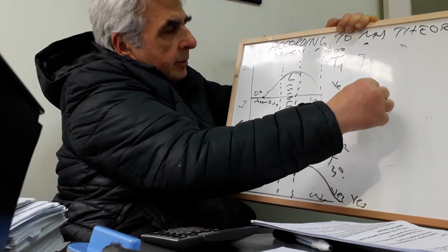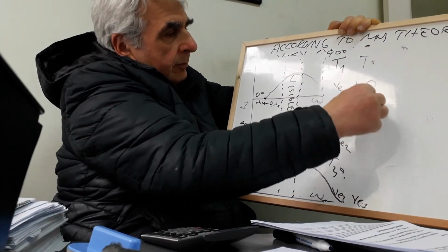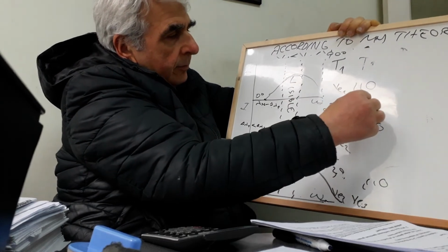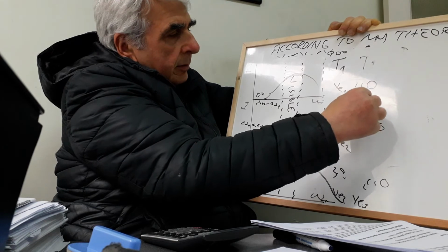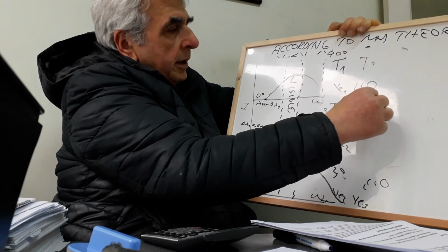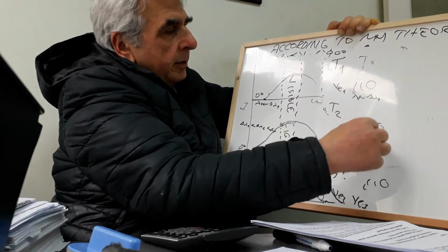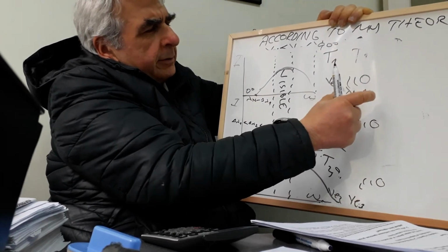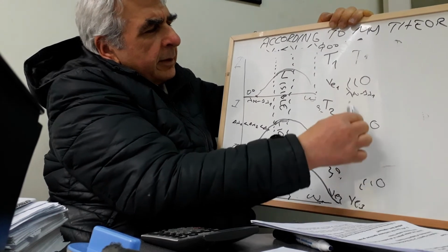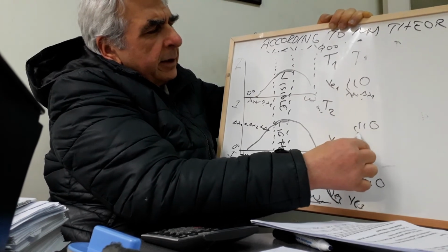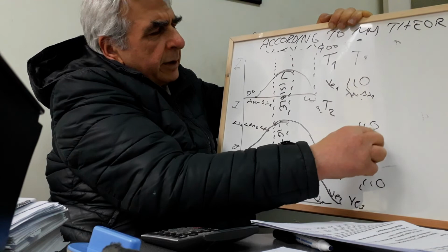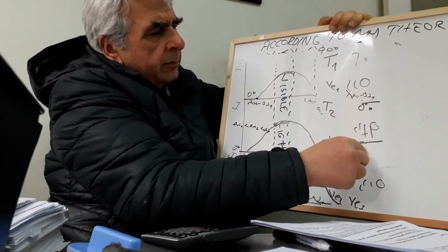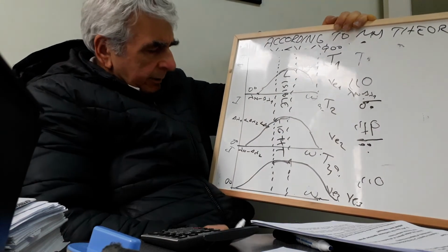Here, electron, lambda n minus delta lambda 1. Delta lambda greater, lambda n minus delta lambda smaller, this wavelength, smaller wavelength, in the direction of relocating.